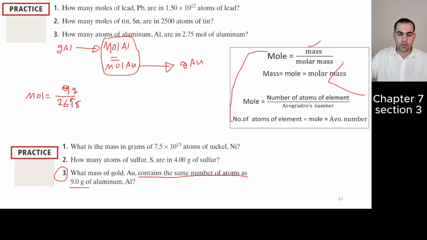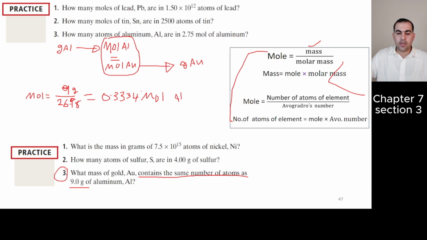Divide these two numbers together, you get what? 0.3334 mole of aluminium.